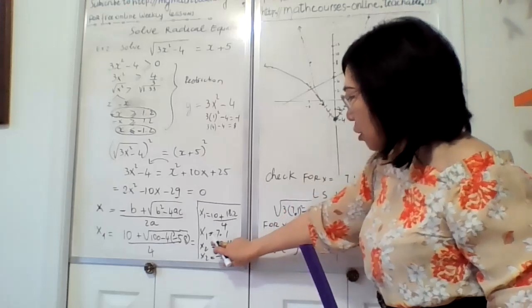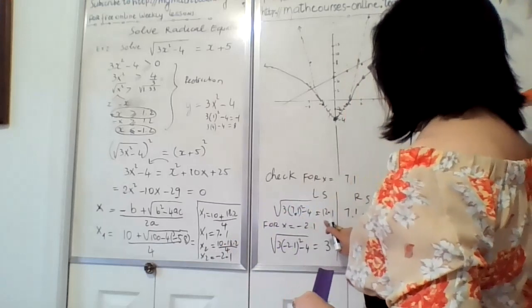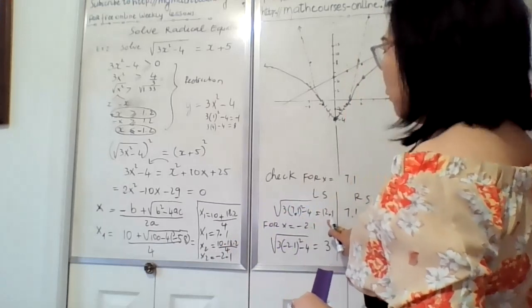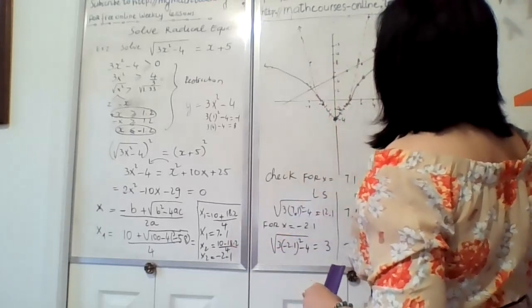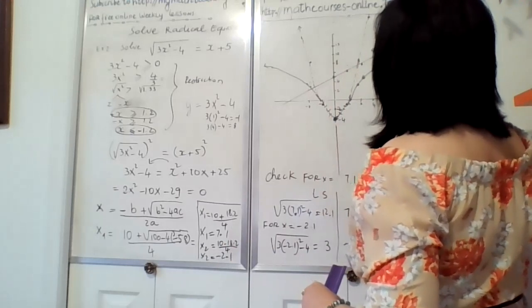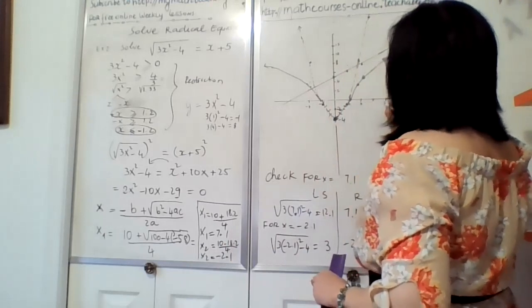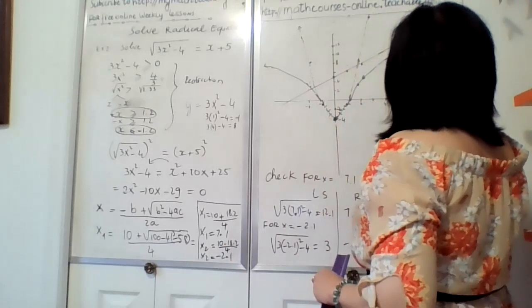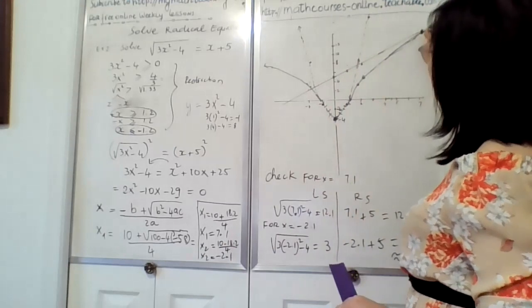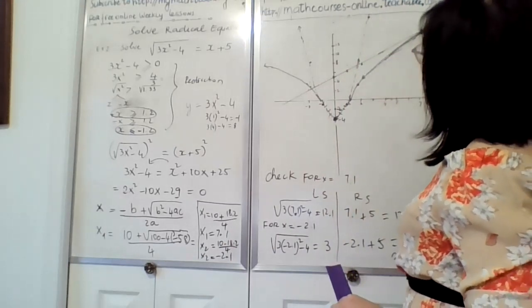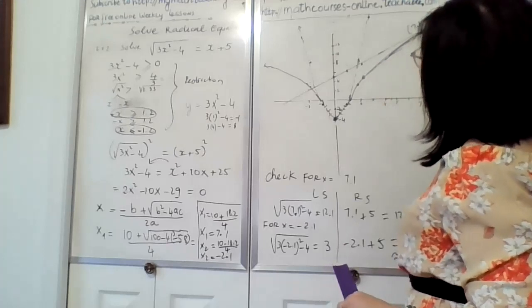What is our first solution? Our first solution is x equals 7.1. So that 2, 4, 6, and 7, sorry, what do I mean? 1, 2, 3, 4, 5, 6, 7. So 7.1. Yes, it's about where they meet here if we draw a little bit accurate, right? So they will hit here at 7.1.